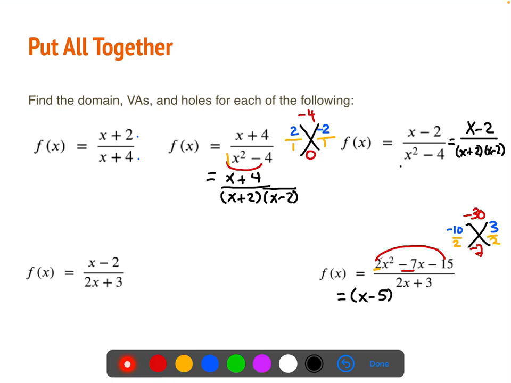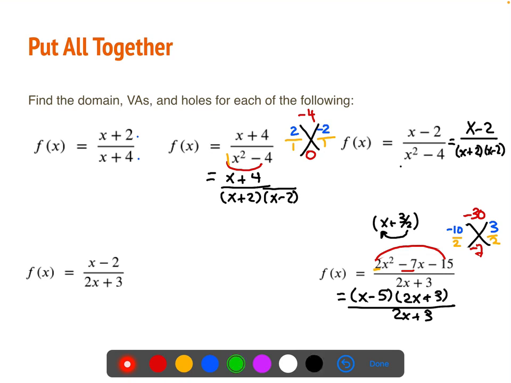Okay, I'm going to rewrite this problem. So negative 10 divided by 2 is negative 5. And 3 over 2, remember that's like x plus 3 over 2. And then we slide and divide, so that becomes 2x plus 3. And on the bottom, that doesn't factor.